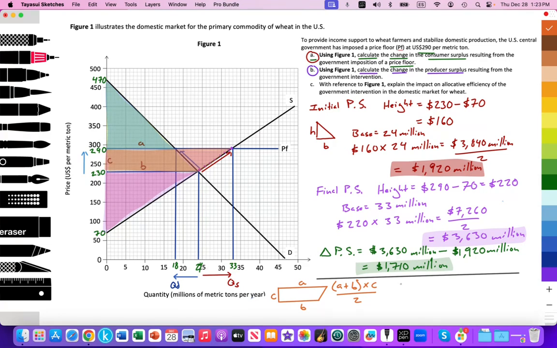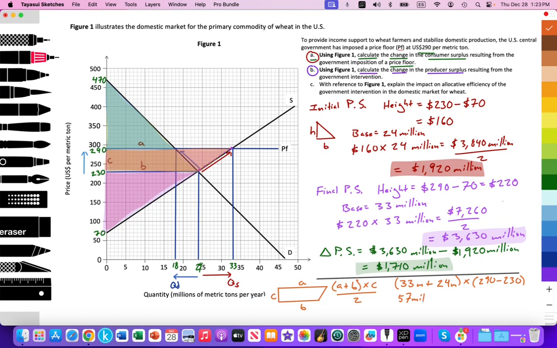So we have 33M plus 24 million. I'll put that in brackets. We'll multiply that by the height. The height is 290 minus 230.